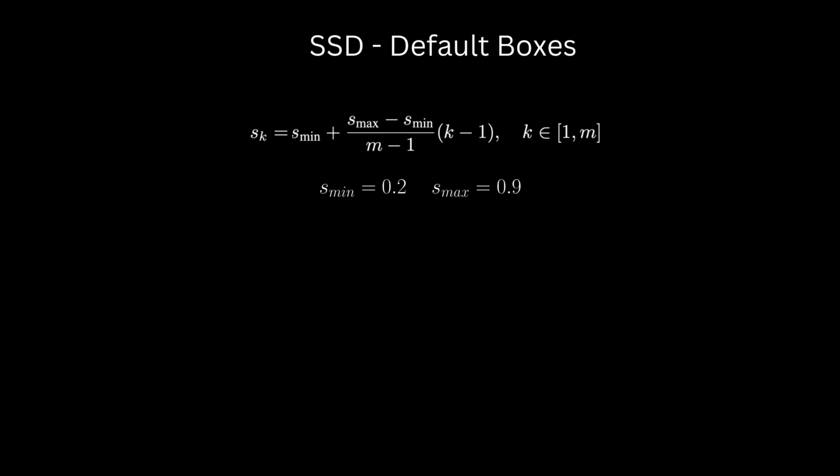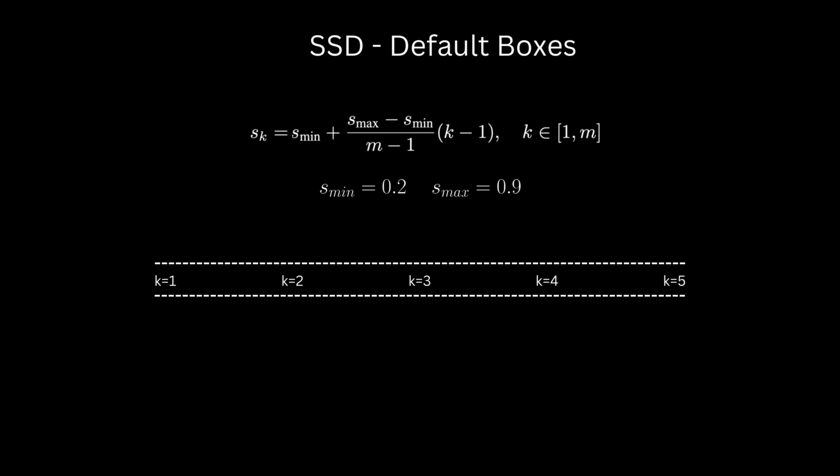So basically, we use a scale of 0.2 for the default boxes of the first feature map, a scale of 0.9 for boxes of the last feature map, and for feature maps in between, the boxes are of scales that are equally spaced between 0.2 and 0.9. Let's take a specific case of 5 feature maps.